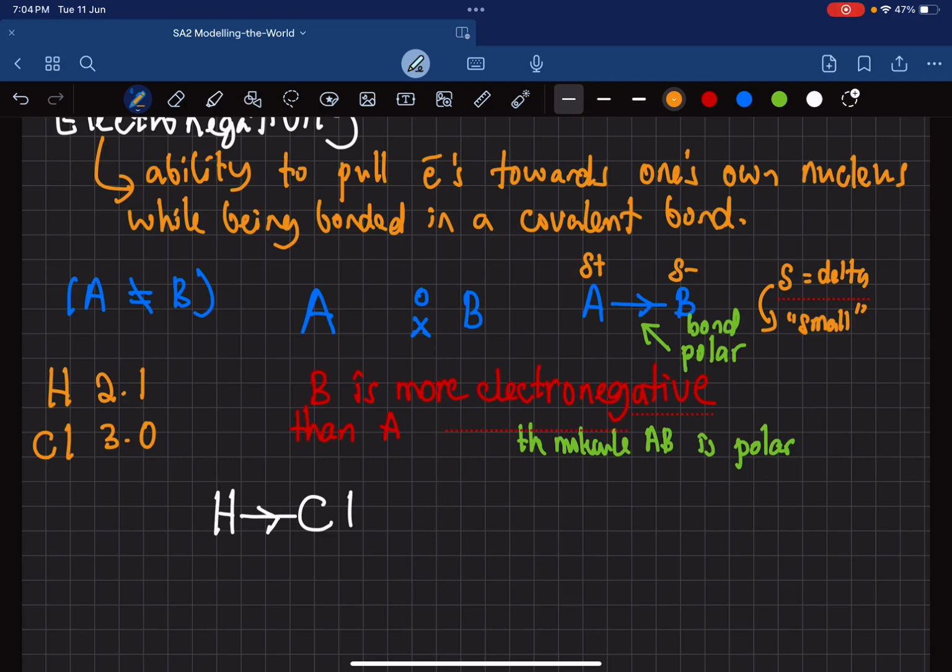So chlorine is more electronegative than hydrogen. Chlorine is slightly negative and hydrogen is slightly positive. So the bond is polar, and we say HCl is a polar molecule.